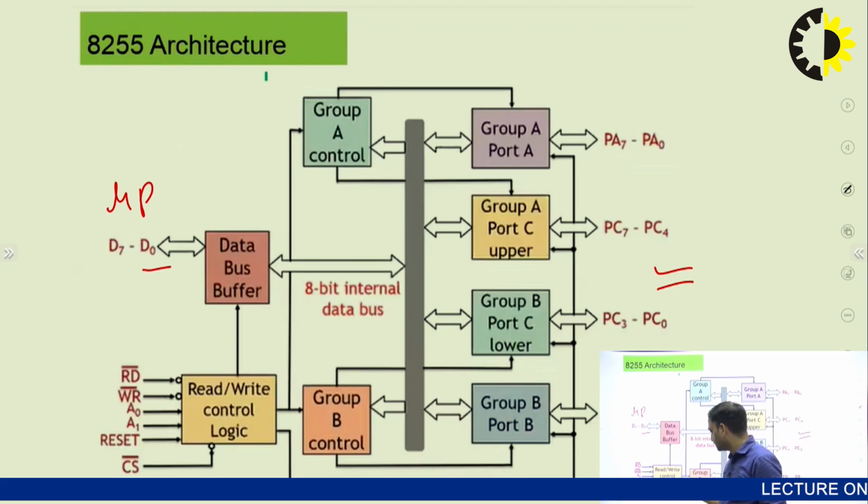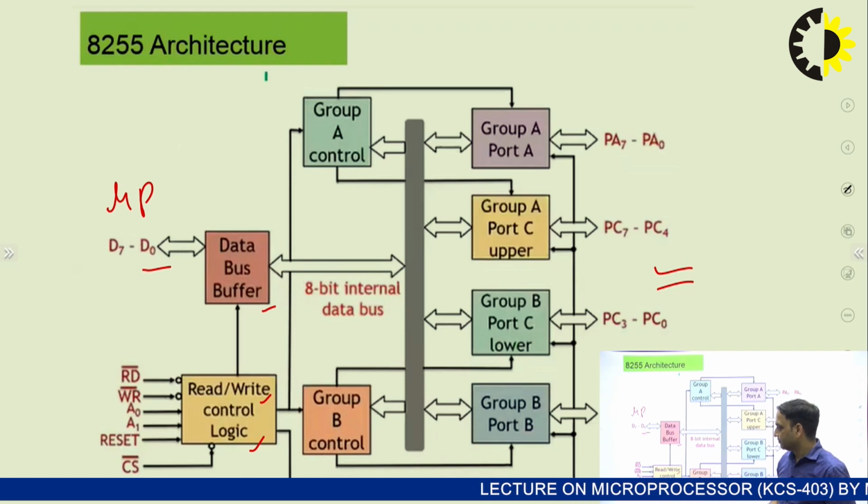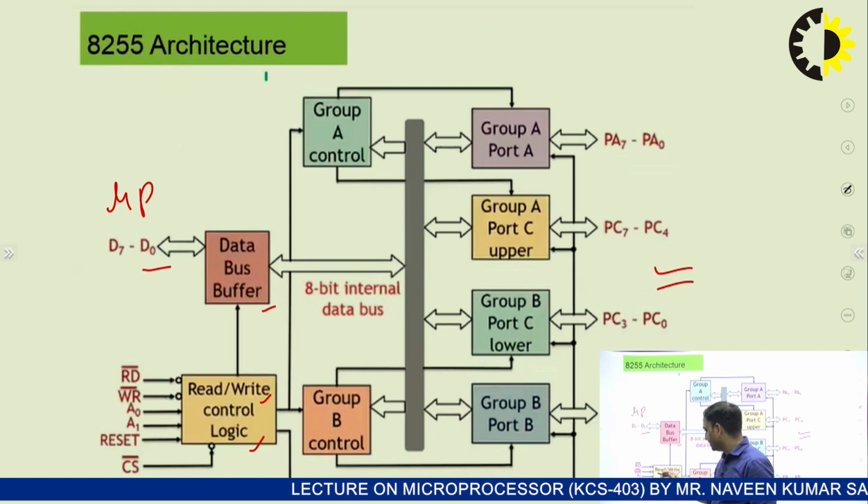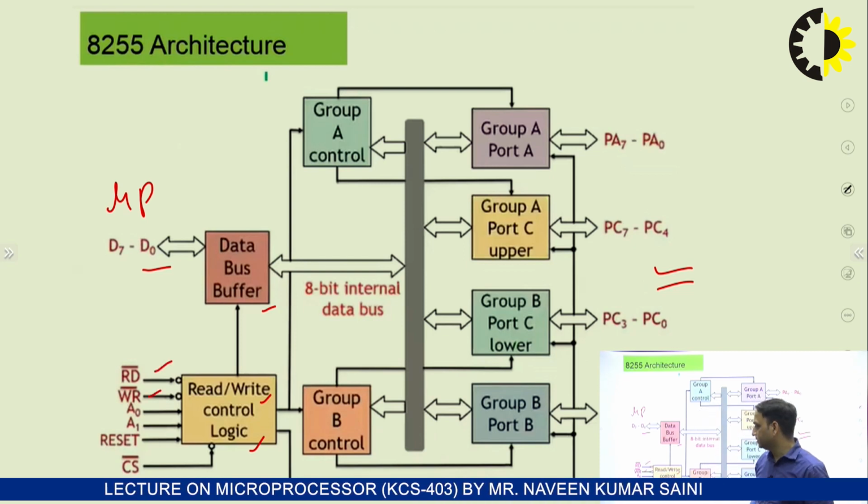Then the read write control logic. These two are the basic building blocks of any IC, because this is connected with the microprocessor. The read write control logic will have the read signal and the write signal. At one time either the read signal or the write signal will be activated. So these are control signals.